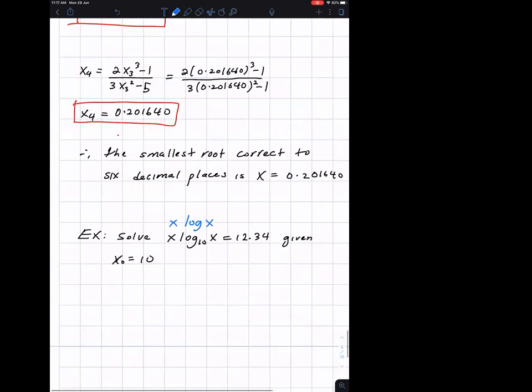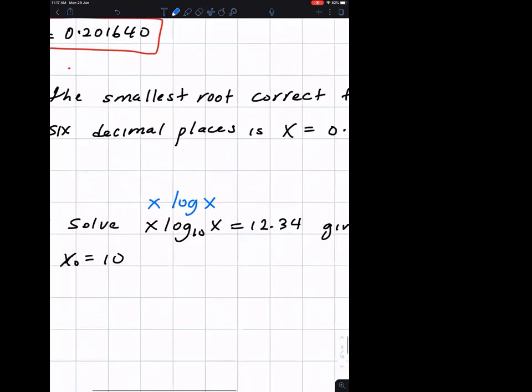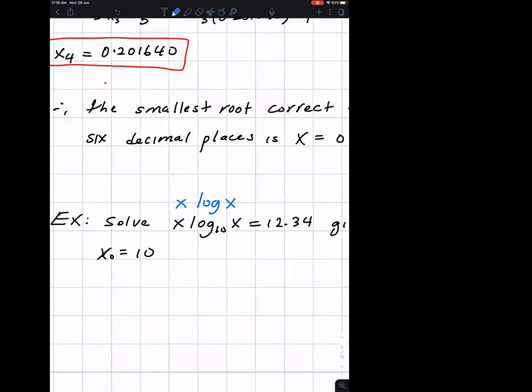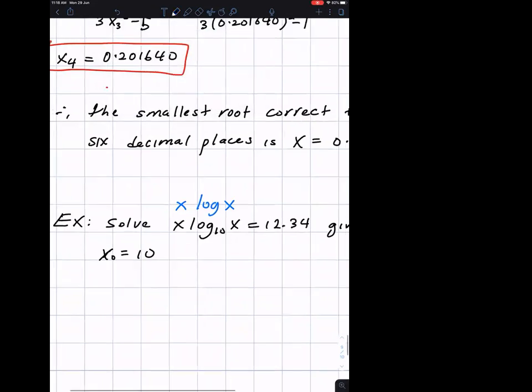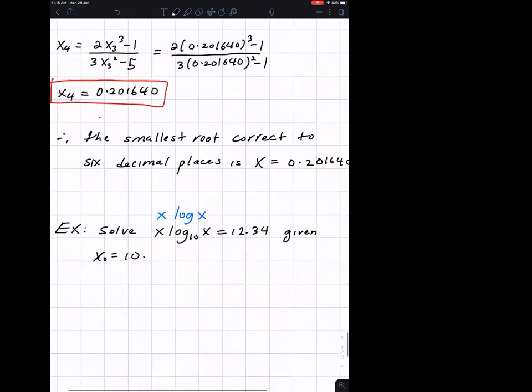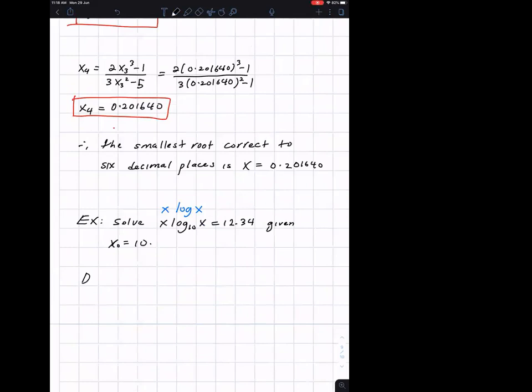Okay, for simplicity, we just write log base 10 x as log x. We know when something is written just as log without a base, it's understood it's a log base 10. Initial value given, so now you define your function.